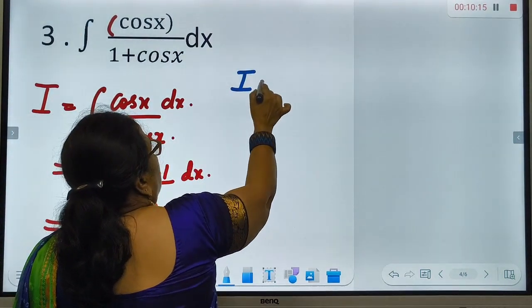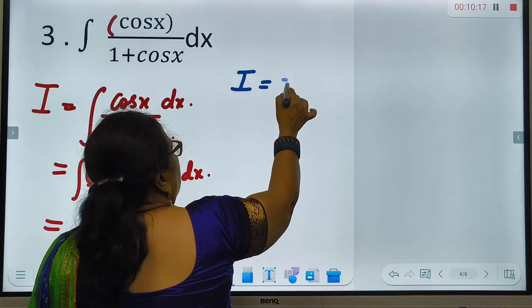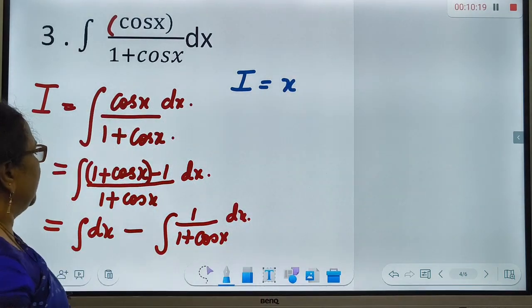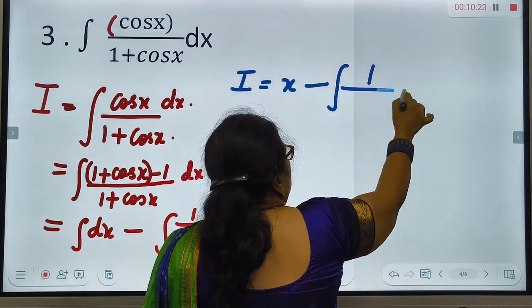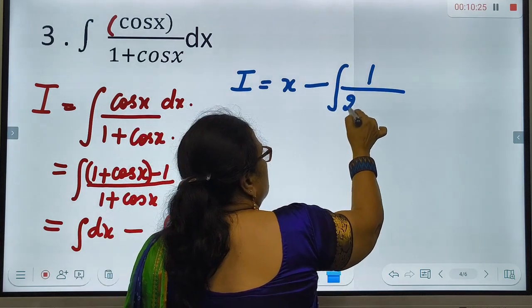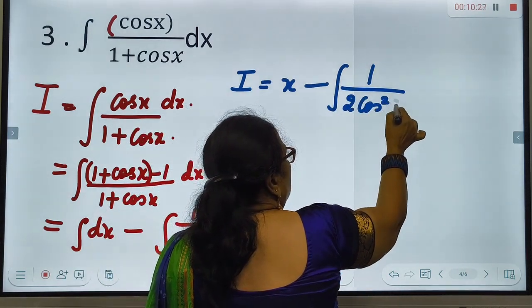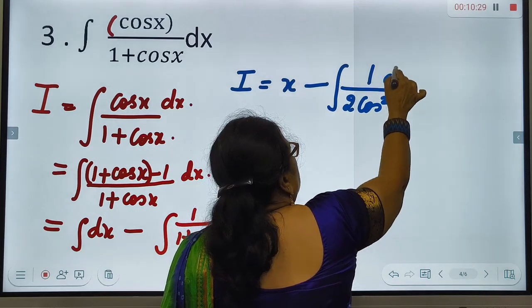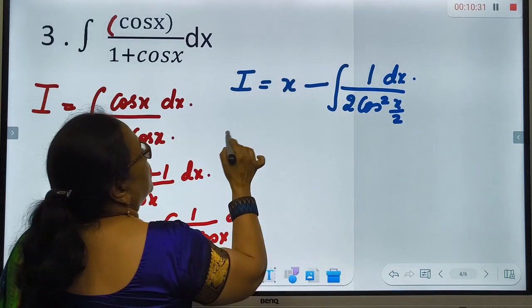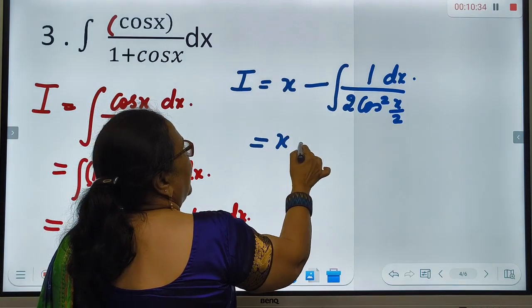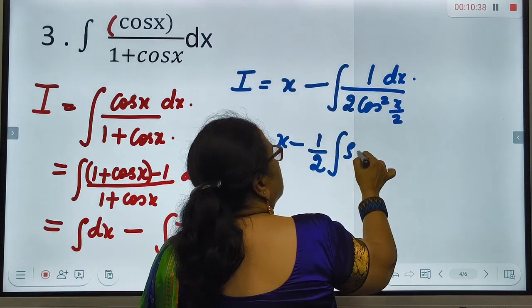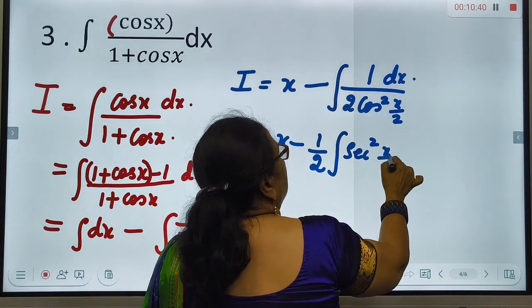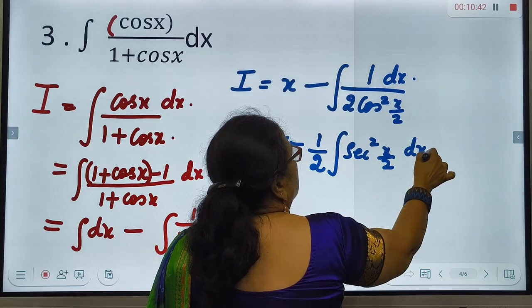Now I will be equal to x, integral of dx is x, minus integral of 1 by 1 plus cos x is 2 cos square x by 2 dx. This is further x minus half into integral of secant square x by 2 dx.